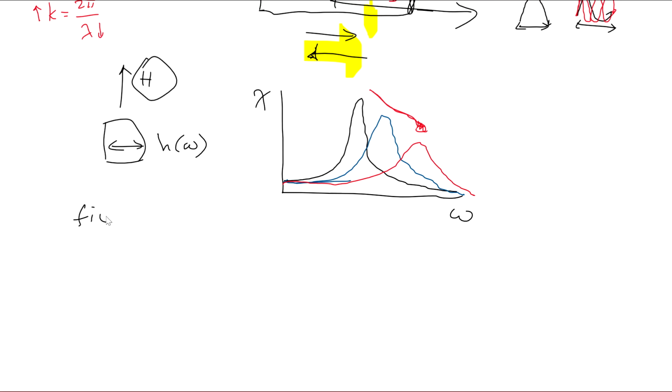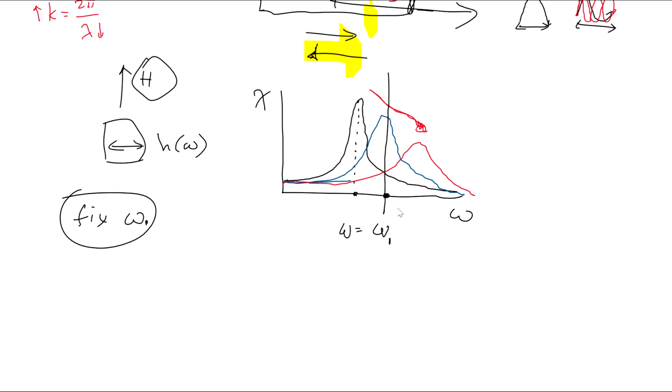So fix omega. When we fix omega, it means that it fixes the frequency. Imagine that we are measuring at this particular omega 1. So we fix the frequency to this particular value.